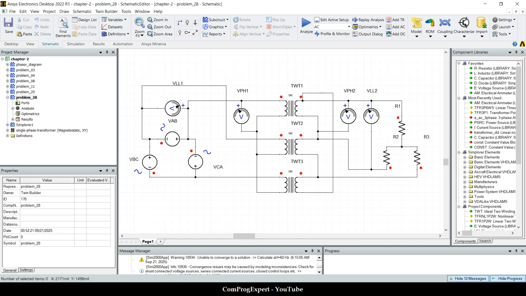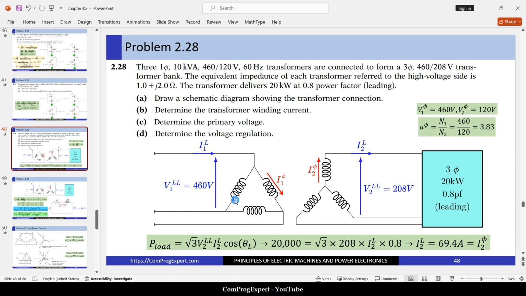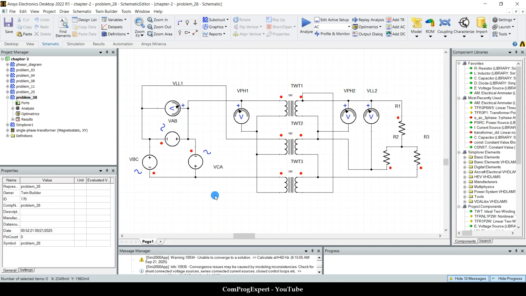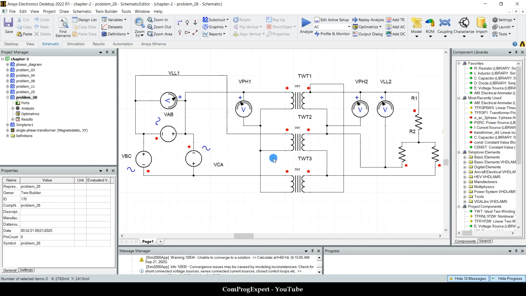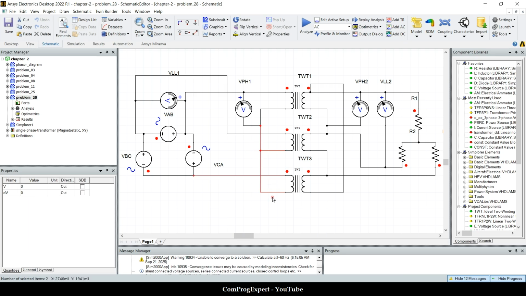In problem 28, we have delta connection for the primary and a star connection for the secondary. Here we should modify this. Okay, we have a star connection for the input. So let's delete these lines again.